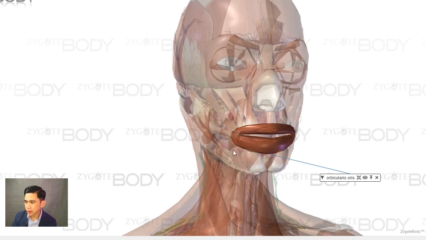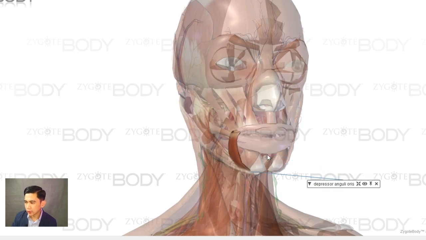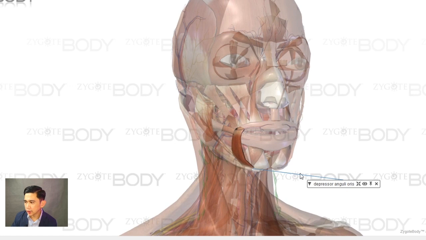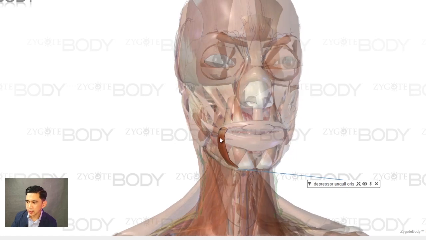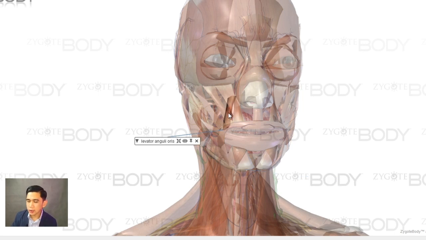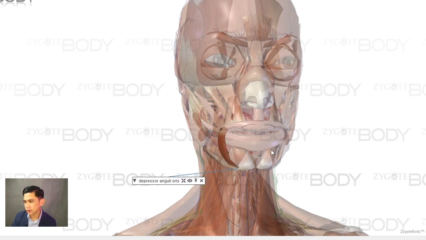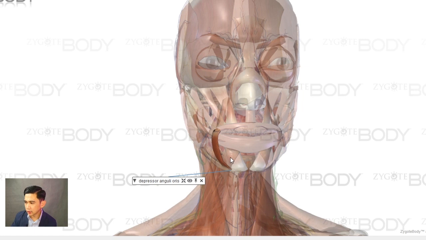Now going downwards, we have the depressor anguli oris. It depresses the angle, and this produces the marionette lines. Now it has a counterpart, levator anguli oris.